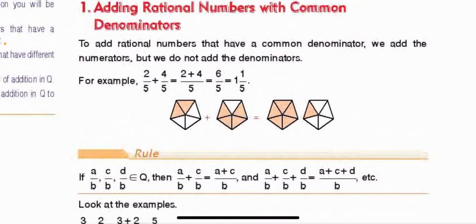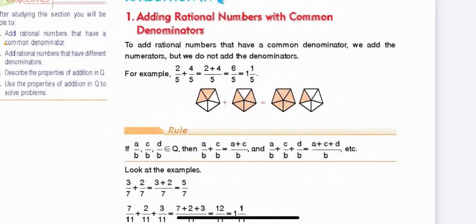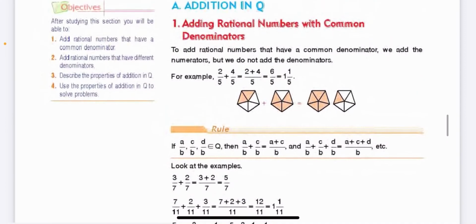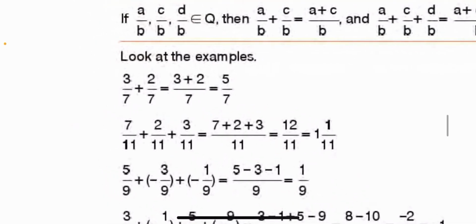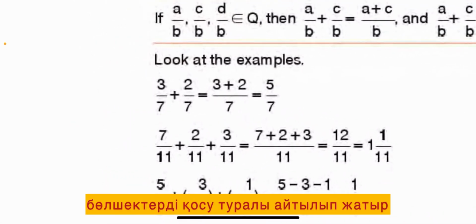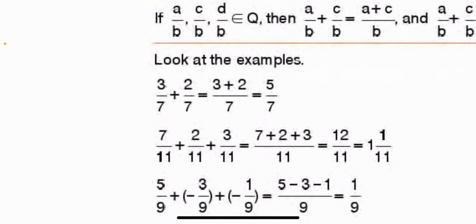To the question of how to add rational numbers, we answer that we do not add the denominators. We first find their common multiple. Look at 3 sevenths plus 2 sevenths. We know that the denominator will be 7. It is a common number for the two fractions, and we add only the numerators, only the numbers on the top. 3 plus 2 equals 5 over 7.